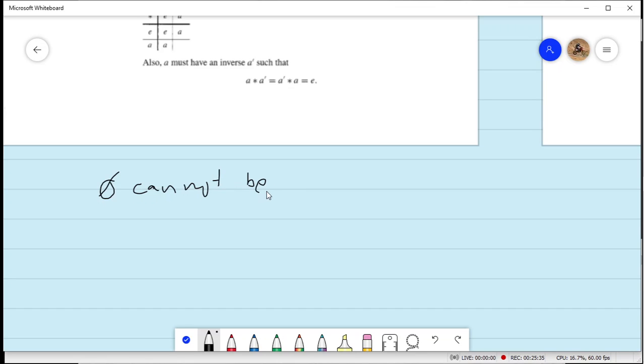So there is no group with no elements. Why? Again, because of the axiom of the existence of an identity element. So the cardinality cannot be 0.